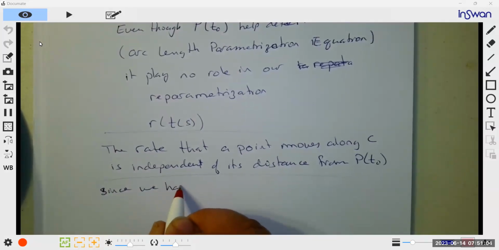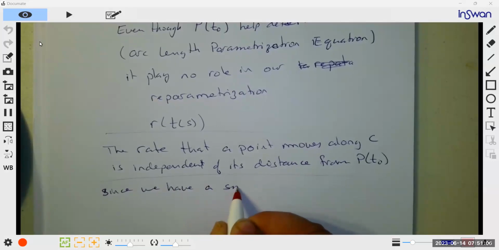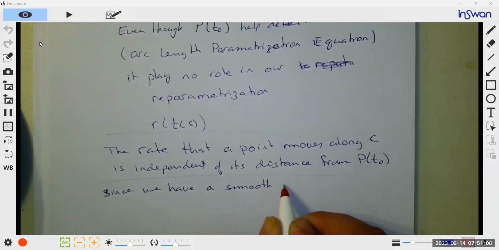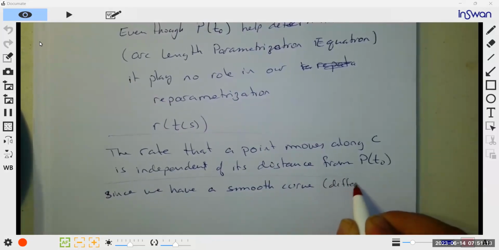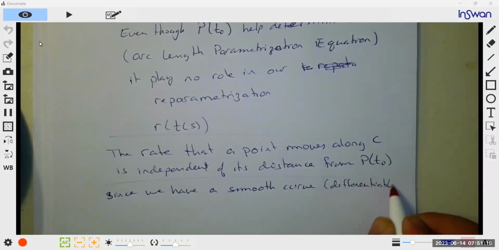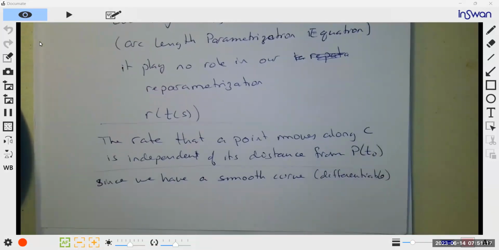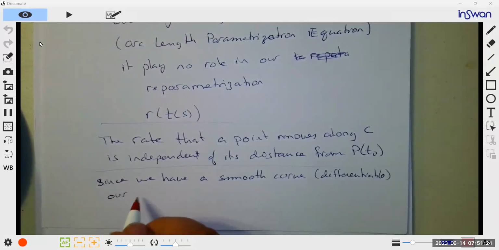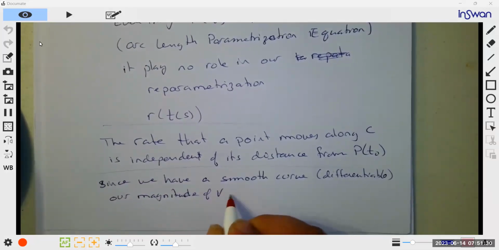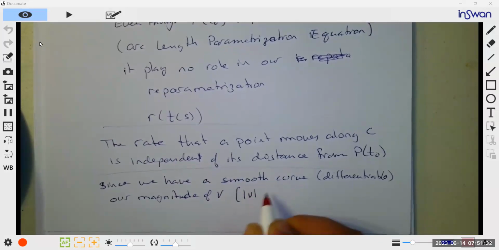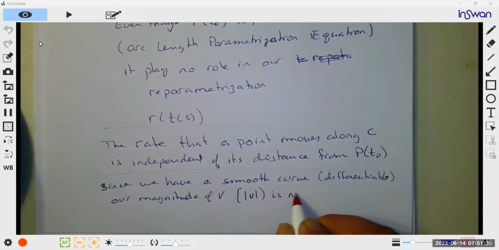Since we have a smooth curve, or it's differentiable, our magnitude of V is never 0.